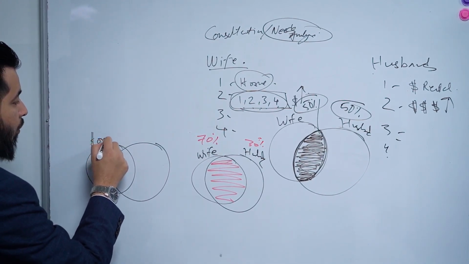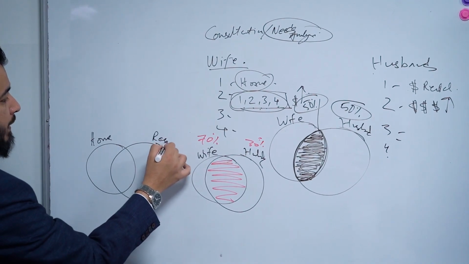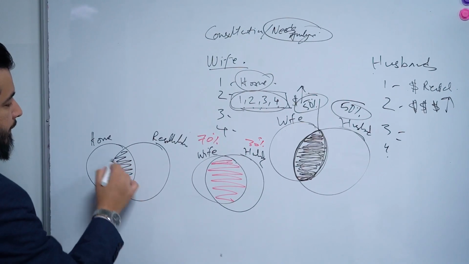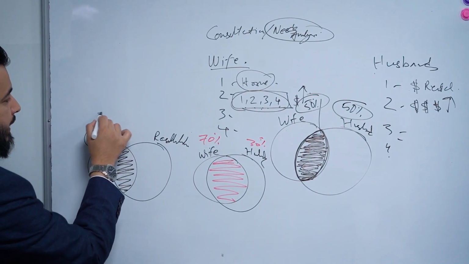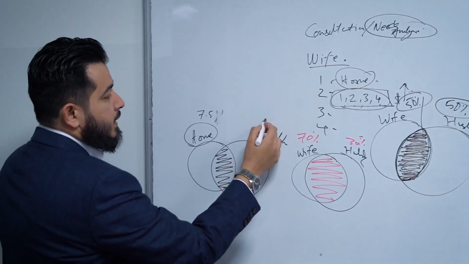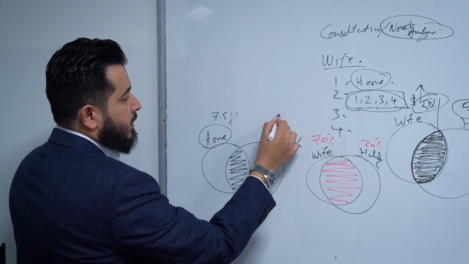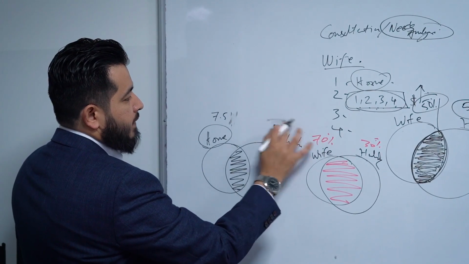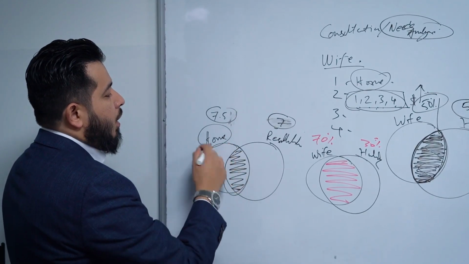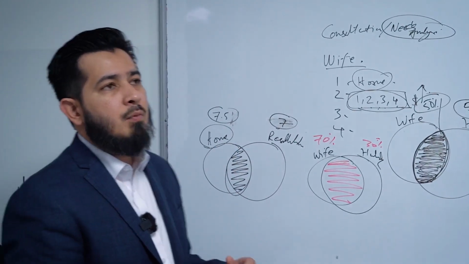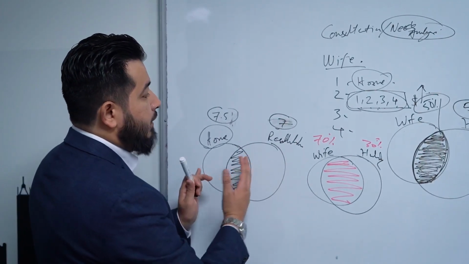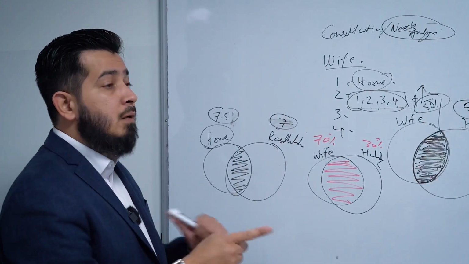Then it's going to be home here, resellability here, and we're going to find a balance where the weightage to home is, let's say, 7.5, but resellability should not be below 6.5 or even 7. We'll look for a balance in this because home is where the heart is. It's going to be an emotional decision, but if resellability is also important, we're going to try to manage it in a way where we meet both objectives.